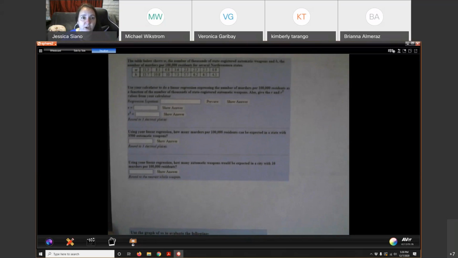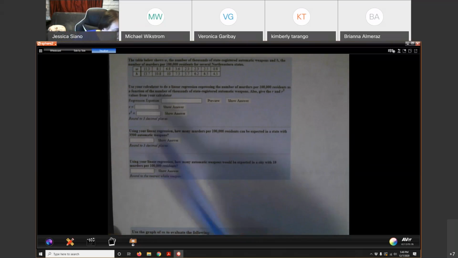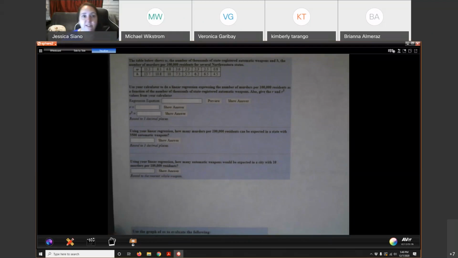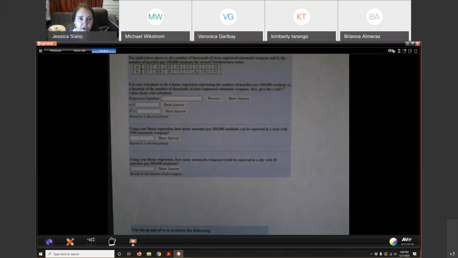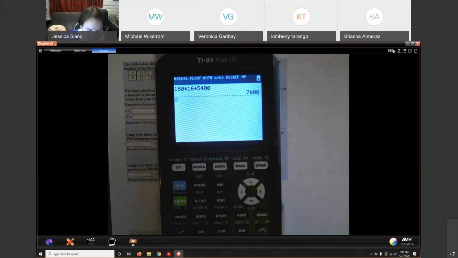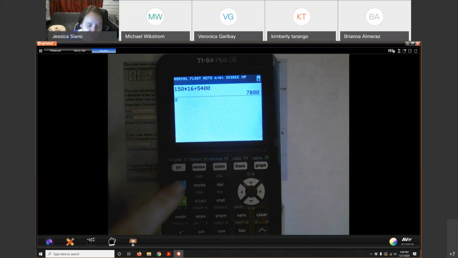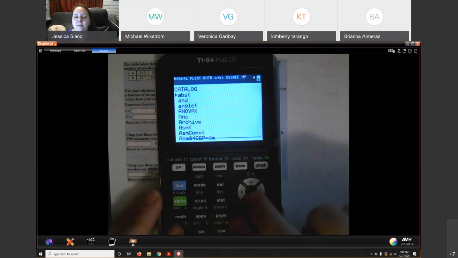All right. A quick note, this is asking you for your R and your R squared value. If you've gotten this far and your calculator is still not showing you R and R squared, then in order to turn on R and R squared, I know I said this the day that we did this, but that was a long time ago. You press second and then 0 to get to catalog, and then you scroll down.